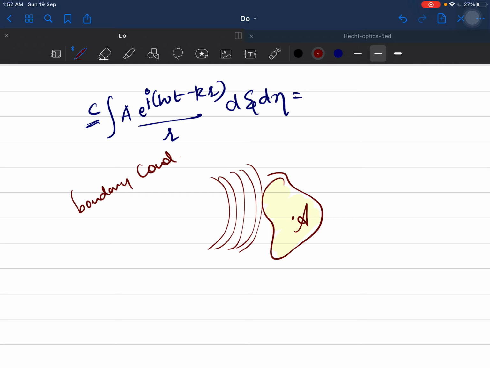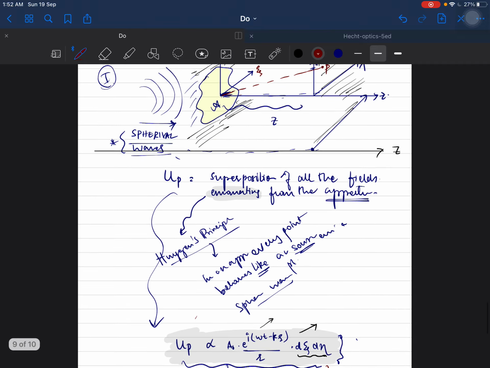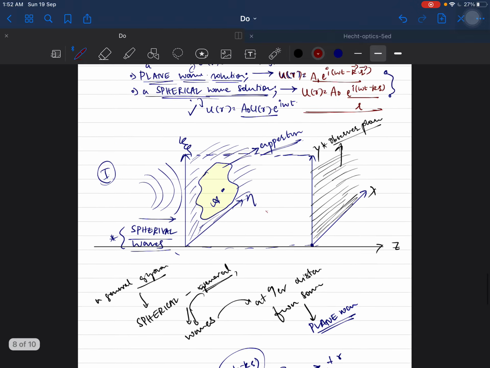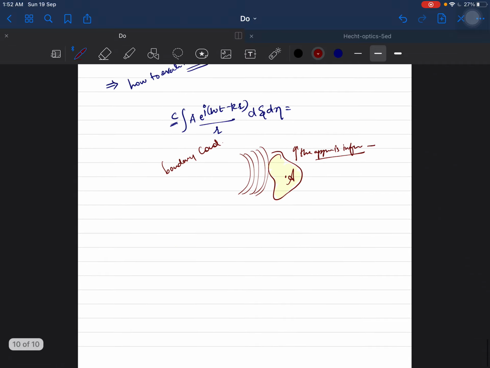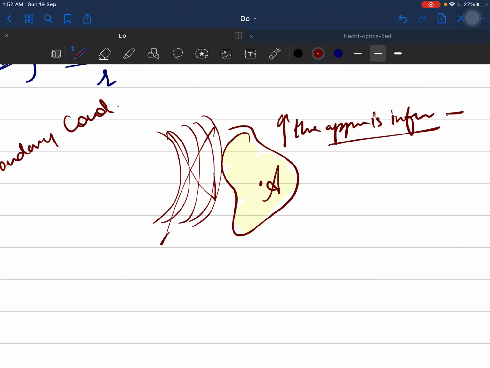Now, assuming the aperture is infinite. Wait, what the heck? I guess the incidence is not spherical, dude. So that was totally wrong. Plane waves are incident.